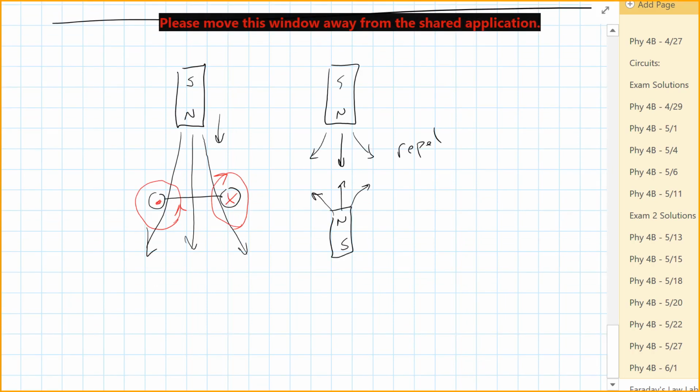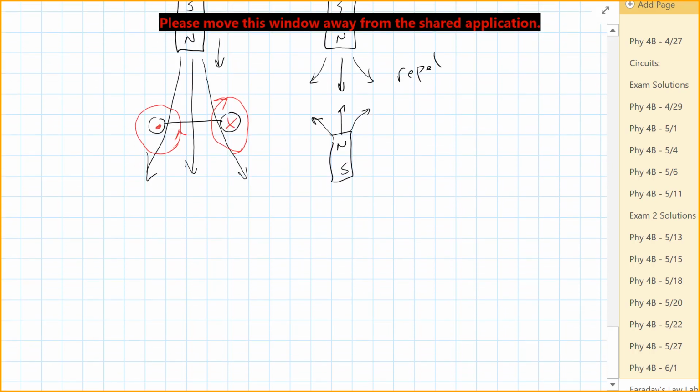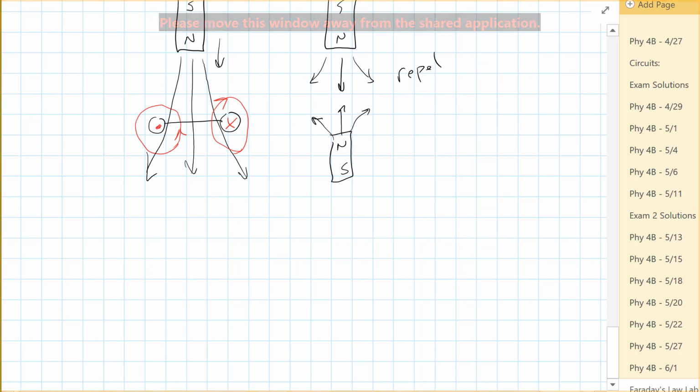Now it passes through the loop of wire. The magnet comes along, passes through the loop of wire, and continues falling below it.